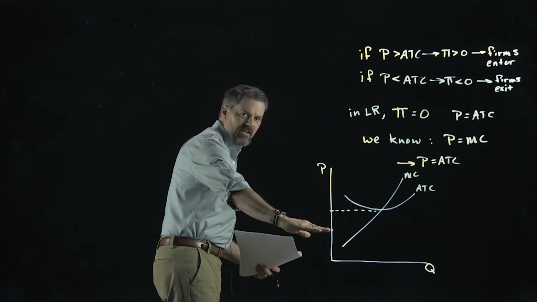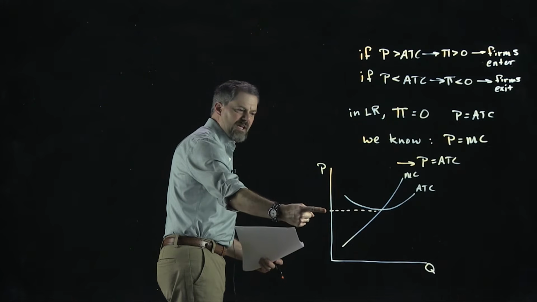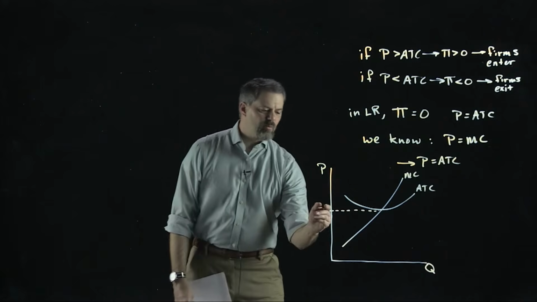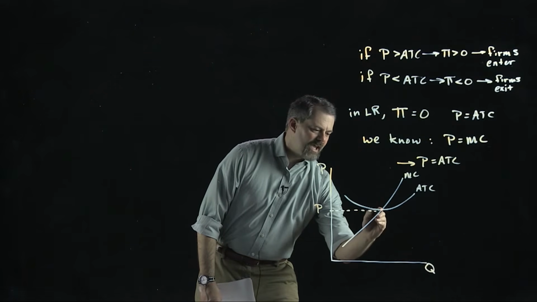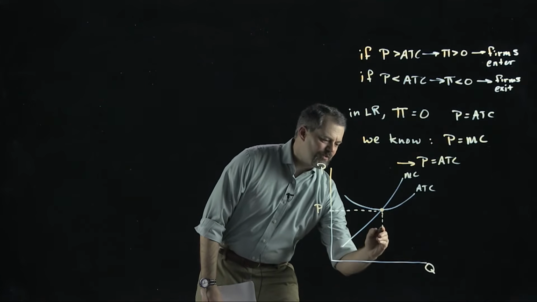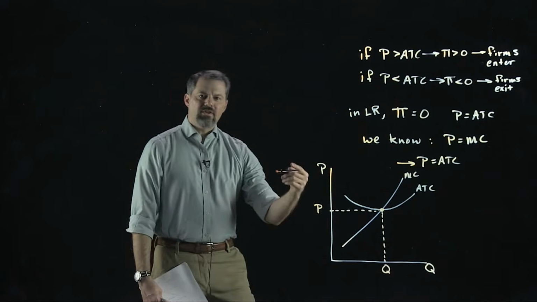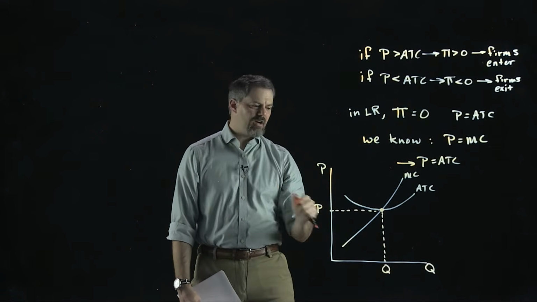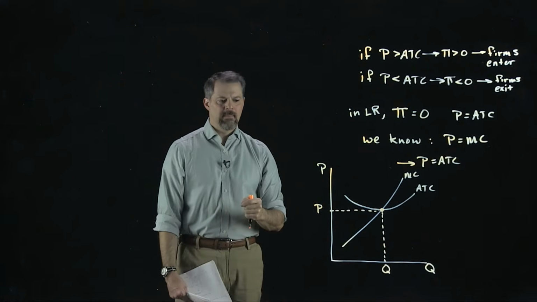If price is ever down here, profit's going to be negative. Right there's the price that would make profit equal to zero, because if this is the price, then the firm would look where price equals marginal cost, which would happen right there. The firm would produce this quantity. We saw in a previous discussion when we were talking about the cost of production that that quantity is the efficient scale of the firm.